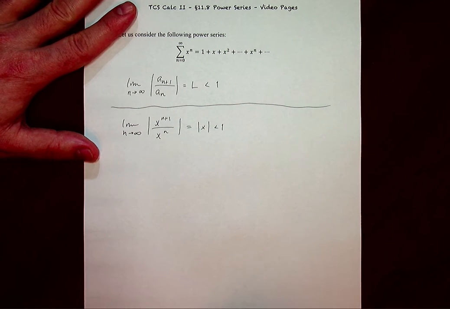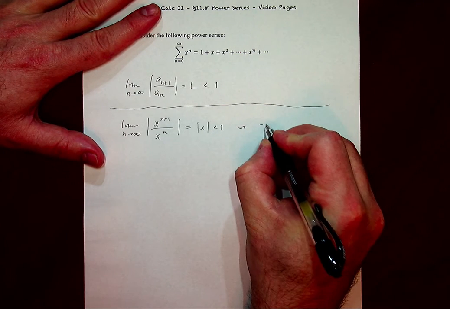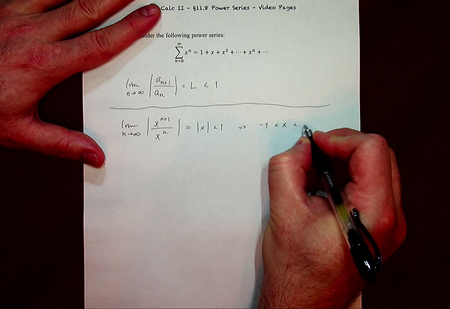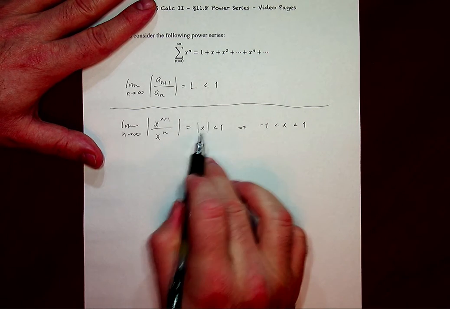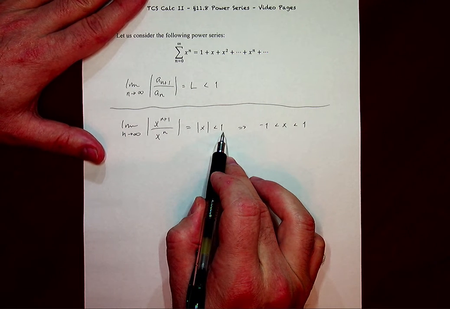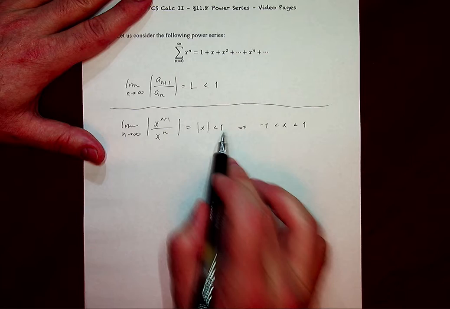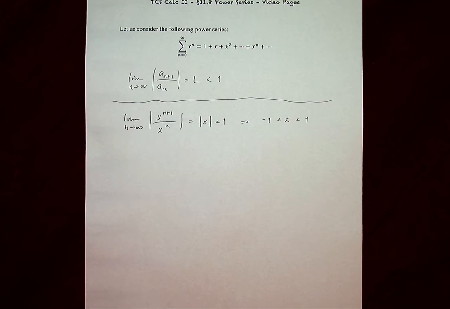The absolute value of x has to be less than 1, which shouldn't surprise us, and that turns into negative 1 to 1. So x has to be between negative 1 and 1 for it to converge. But remember, if it's equal to 1, you can't tell from the ratio test whether at that exact value it's convergent or divergent. So now you need to check the endpoints.